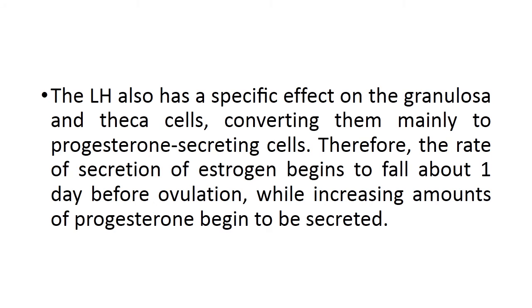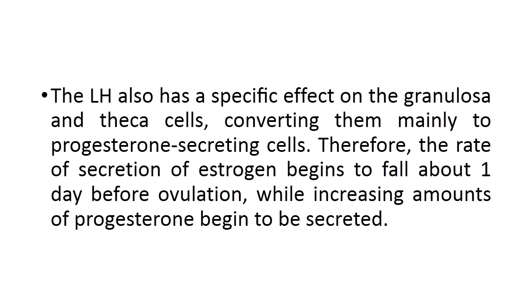Till now we have talked about only follicular stimulating hormone, luteinizing hormone, as well as estrogen that is produced by the theca interna. Now the progesterone secreting cells are also induced by luteinizing hormone. So the granulosa and theca cells now start to produce progesterone.